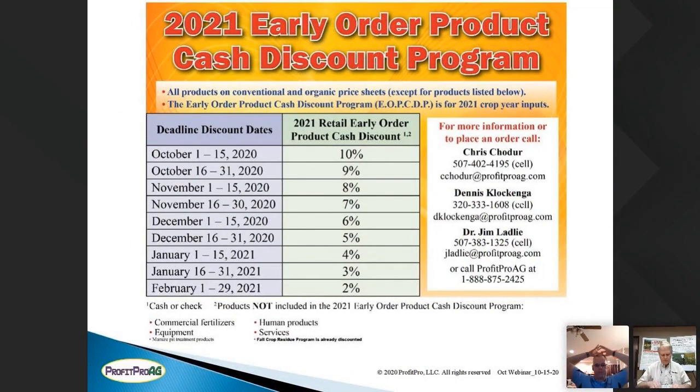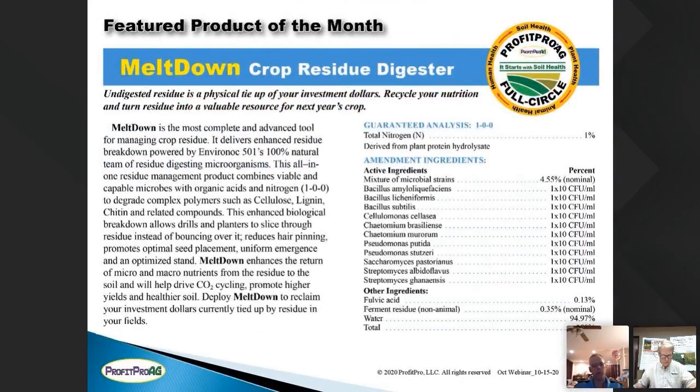All right. In closing, Dennis, do you have any additional comments you want to make? Crop residue digestion is something we've been looking for a product to do for how many years, Jim? Years, yeah. It's probably one of the most critical things that we are not doing in agriculture.